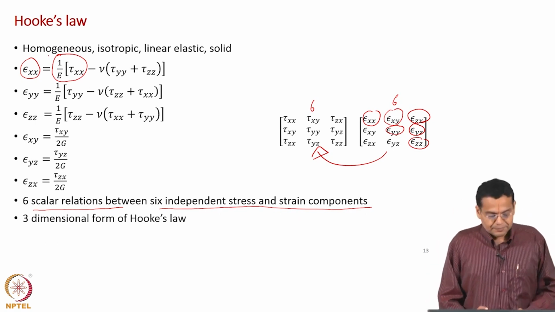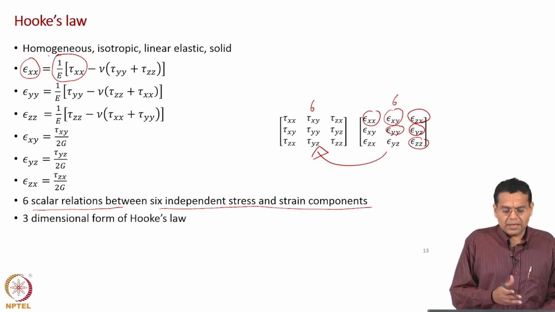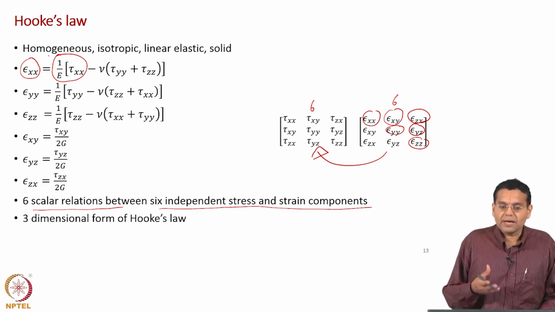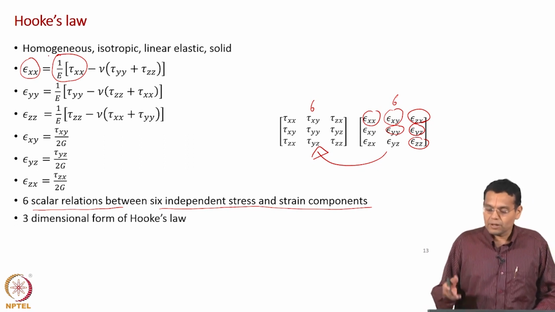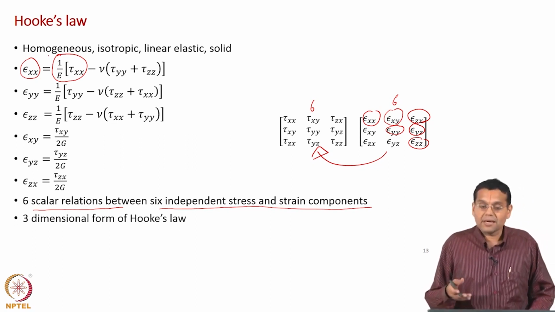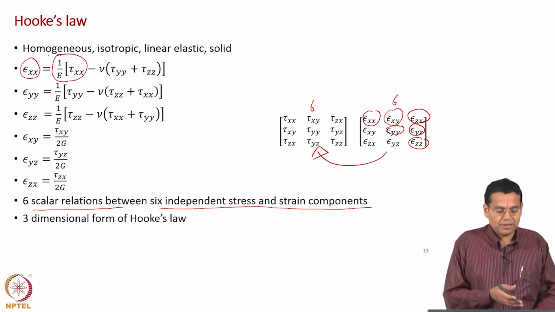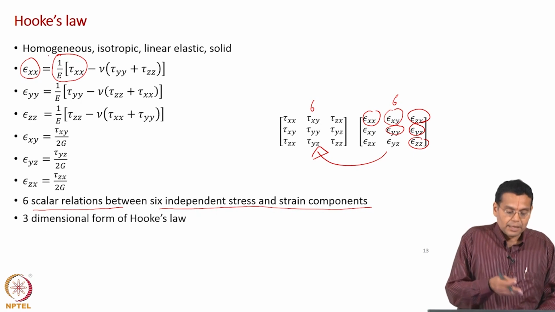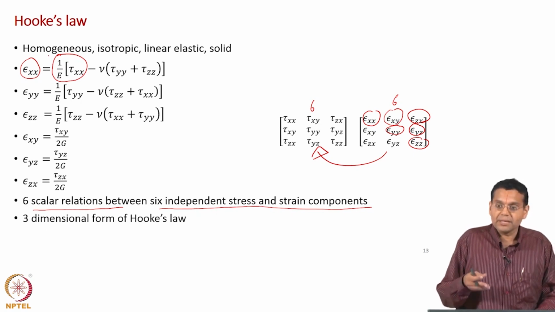And remember, Hooke's law is written for epsilon xy and not for gamma xy. Why is it? Because epsilon xy is the component of the strain tensor, not gamma xy. I have not written gamma xy is equal to tau xy by G. I have written epsilon xy equal to tau xy by 2G.